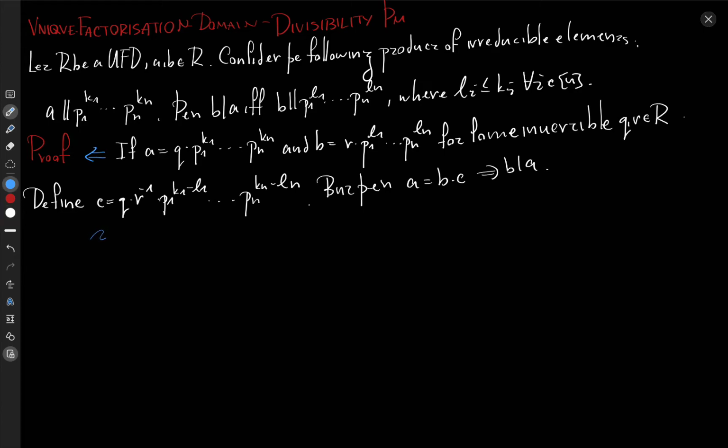Now the other implication, the left to right. This will require a little bit more work, but not much more.